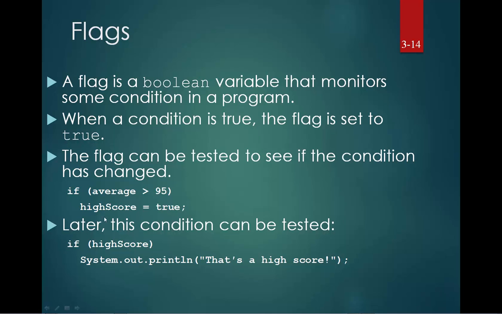So we can have another if statement later on. We don't have to make this comparison anymore. We can use the highScore Boolean variable and just say if highScore is true, then execute this line of code. Now we see practical value for Boolean variables because we can store the results of conditions in those variables for later use, just like we store the values of integers for later use.